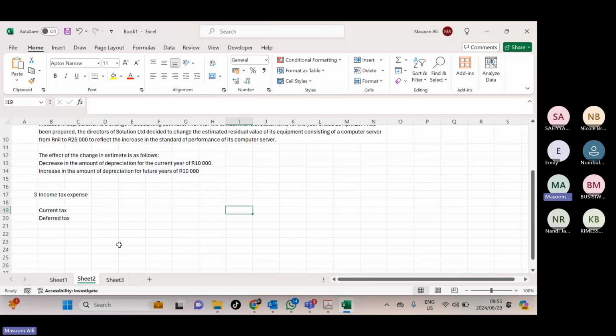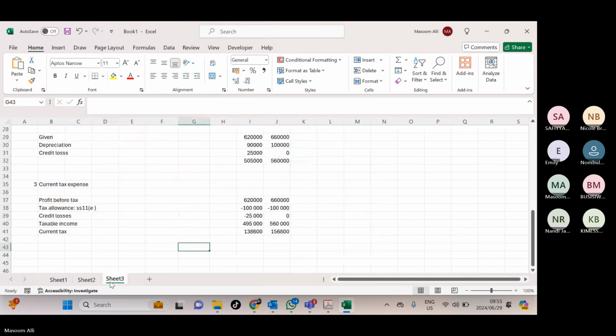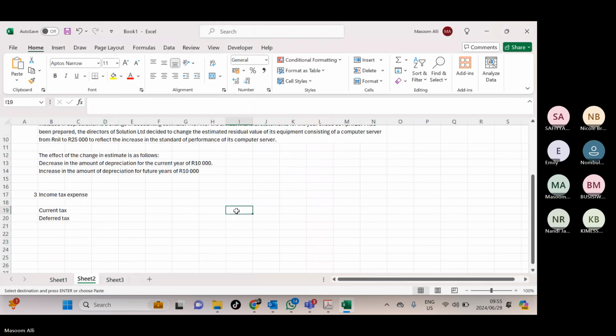So let's go to our current tax. Got these amounts over there, 136,8. And just copy and paste them. It's easier. Okay, and then our deferred tax, which has increased by, well, for the current year's balance, it was that 2,800. So we will go to that 2,800 and use that. I think it was 2,800, if I'm not mistaken.